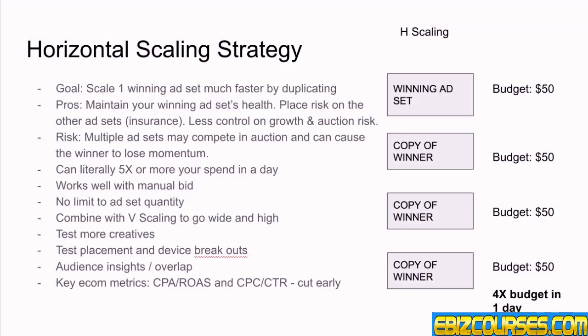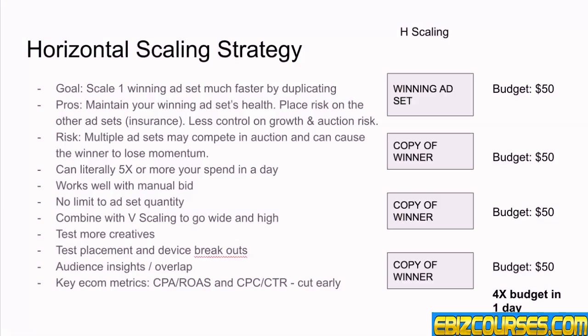Also, when you're scaling horizontally, it's a great way to test placements and devices as well. So quite often when I'm going sideways, that's the time that I'll test different placements out. For example, if you're including Instagram and Facebook in your winning ad set, but you're seeing some really good performance on Instagram, if it's in a combined ad set, you're letting Facebook decide where that spend goes.